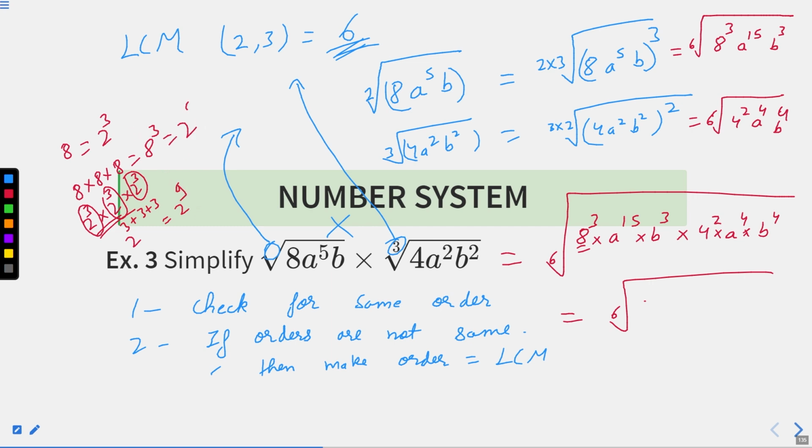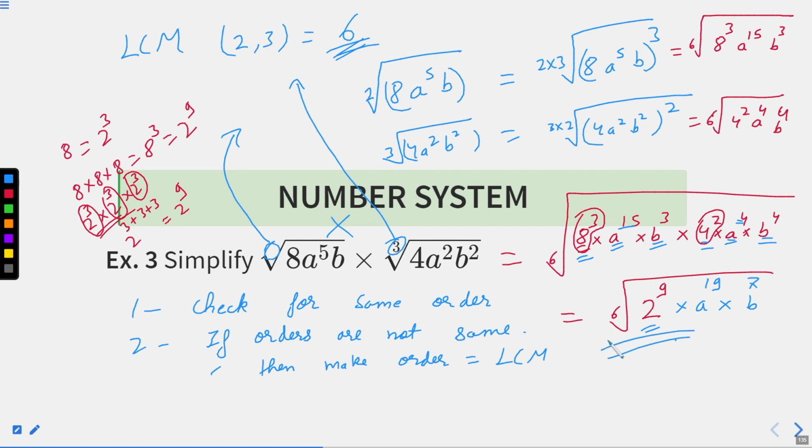So I simplified this. Now a^15 times a^4 is a^(15+4), which is a^19, and b^3 times b^4 is b^(3+4), which is b^7. I hope this is clear.